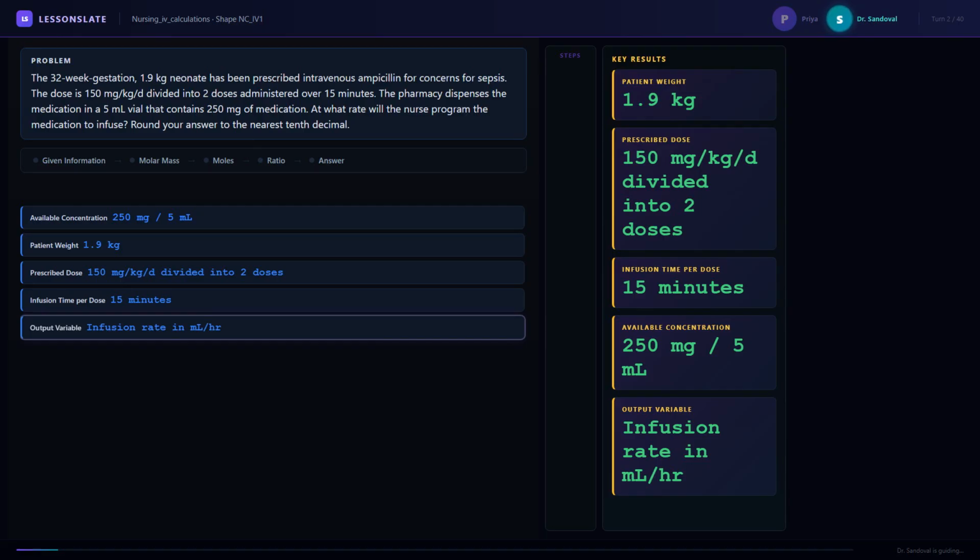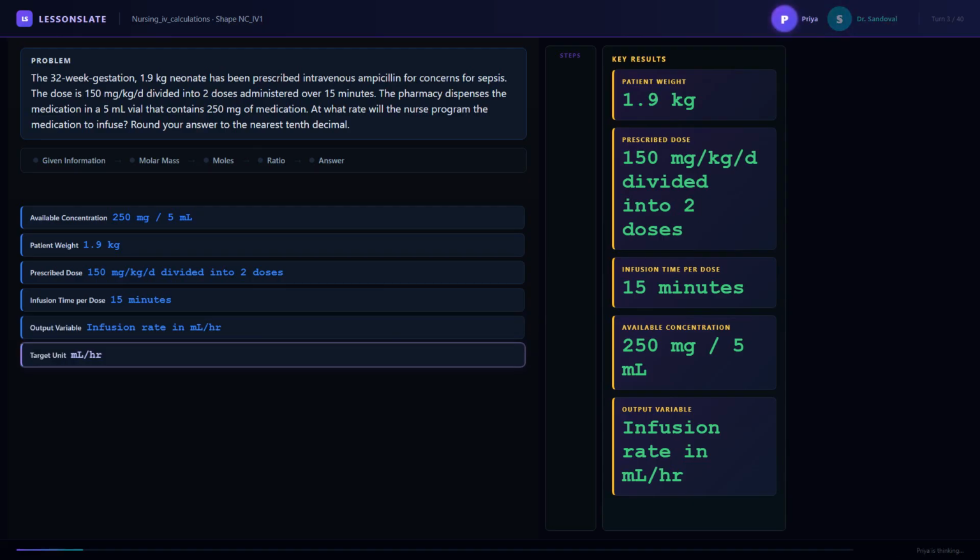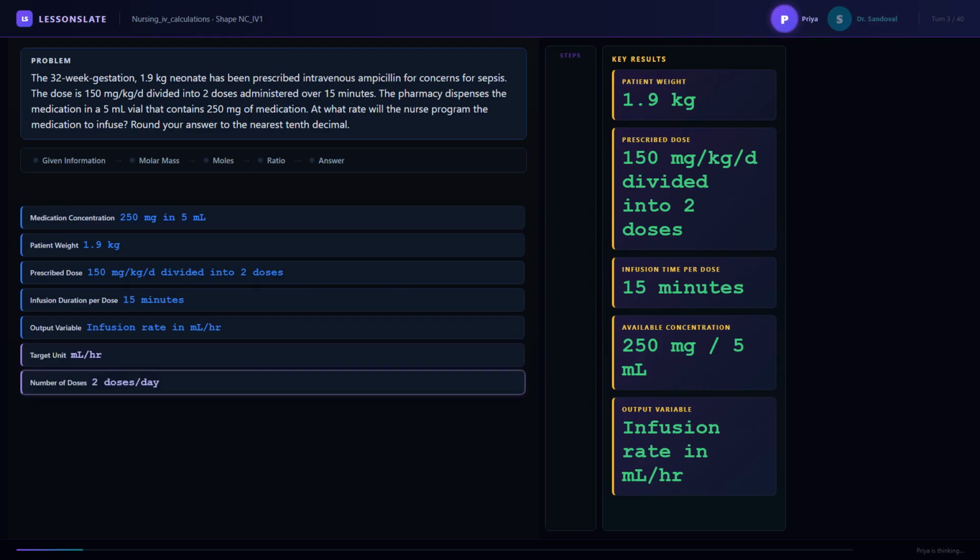Now, to start, what information do we have and what are we trying to find? Then, what do you think would be the very first step in tackling this problem? Okay, so we know the neonate is 1.9 kilograms, and the dose is 150 milligrams per kilogram per day, divided into 2 doses, each given over 15 minutes.